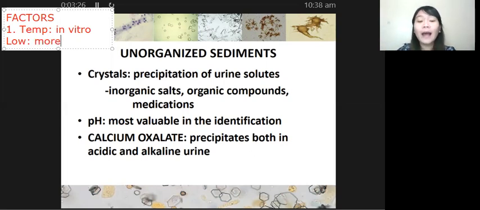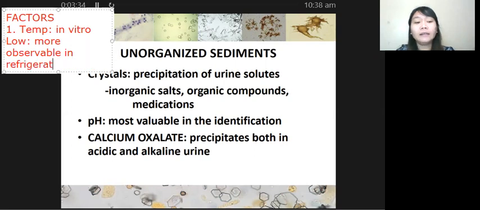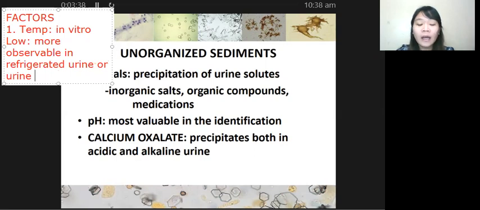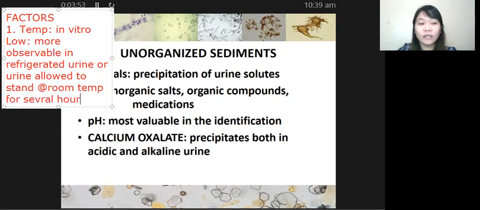Okay? So ilagay ko lang ha. Your crystals, rather, are more observable in refrigerated urine or urine allowed to stand at room temperature for several hours.